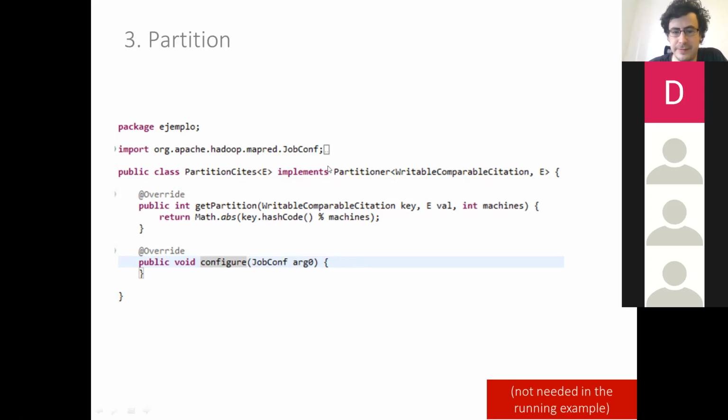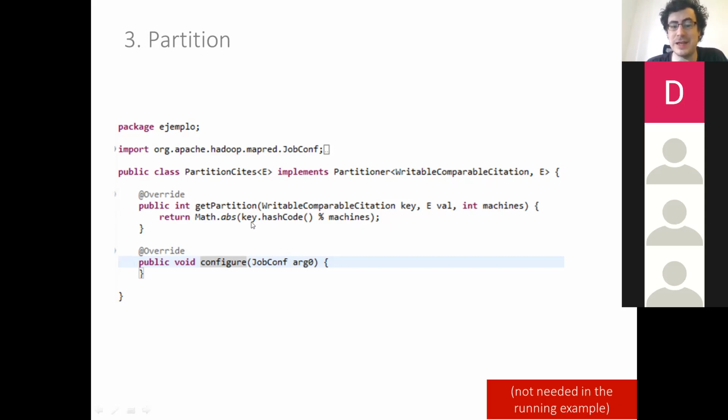You could define a custom partitioner, in which case you would implement a partitioner and say what kinds of things you're partitioning: what are your keys, what are your value types? In general, you shouldn't use the values for partitioning, but you can if you want. It would be kind of an anti-pattern, something you wouldn't do normally in Hadoop, but you can. So you have your getPartition here, and you pass the key, the value, and the number of machines, and then you have to output an ID for the machines.